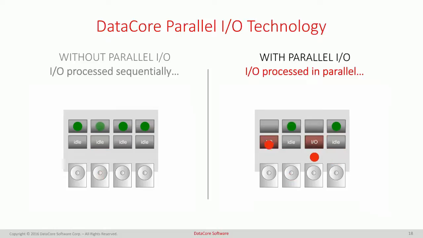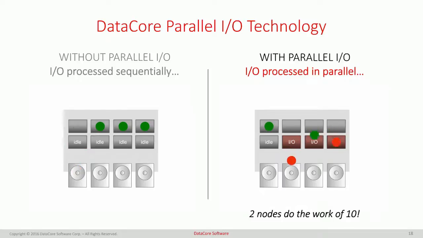However, adding DataCore adaptive parallel I/O, we allow these I/Os to be processed in parallel. As you can just tell from the two animations side by side, that leads to an incredible amount of performance increase.